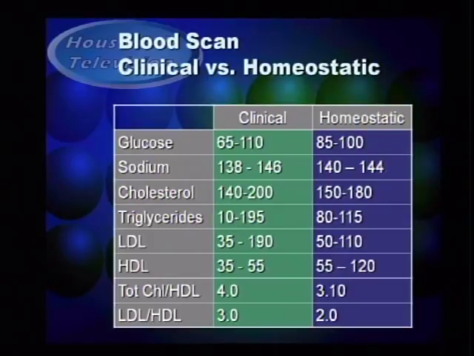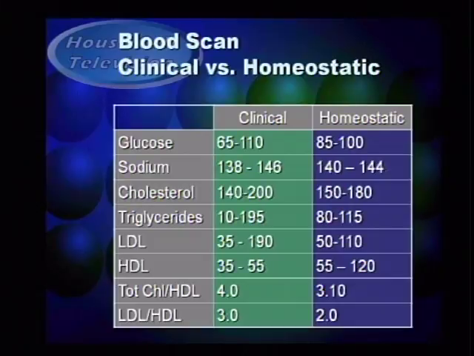LDL, that's the good fats, that's between 35 and 190 clinically, and homeostatically, the optimum range should be between 50 and 110. The high density lipoproteins, between 35 and 55 clinically, homeostatically between 55 and 120. And then the computer always gives us a total cholesterol HDL and a total LDL HDL.